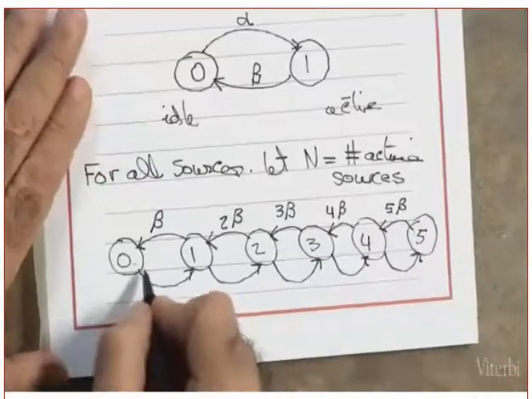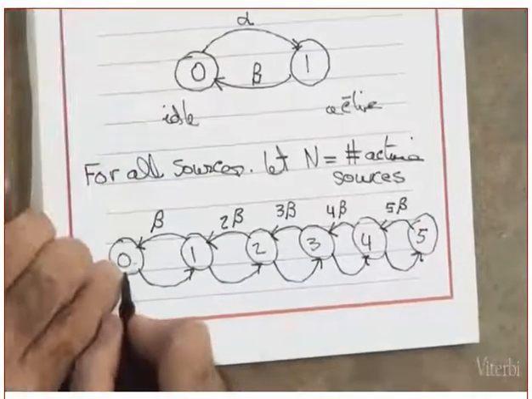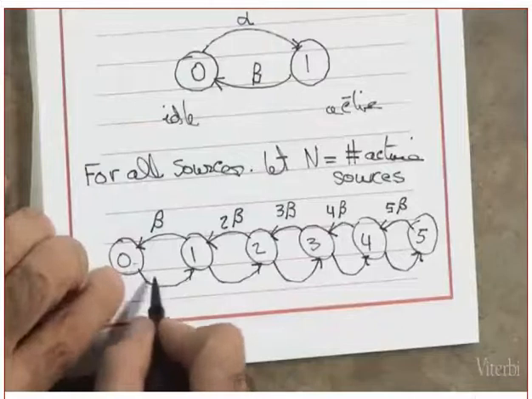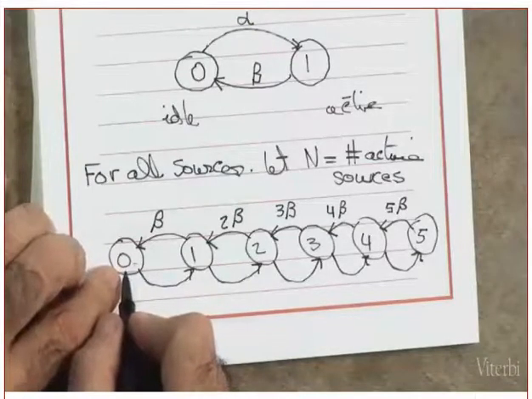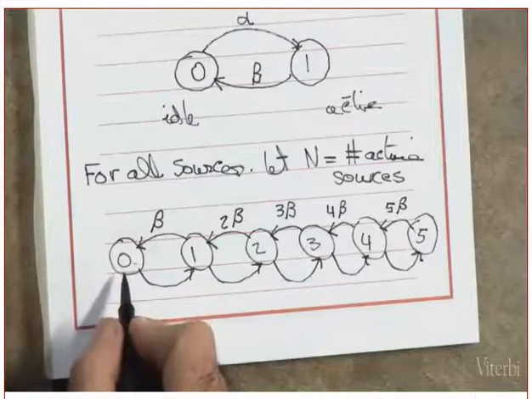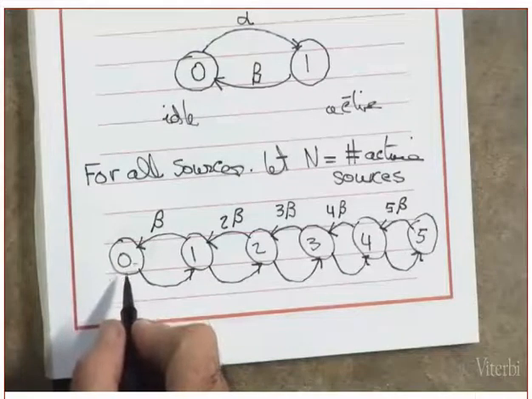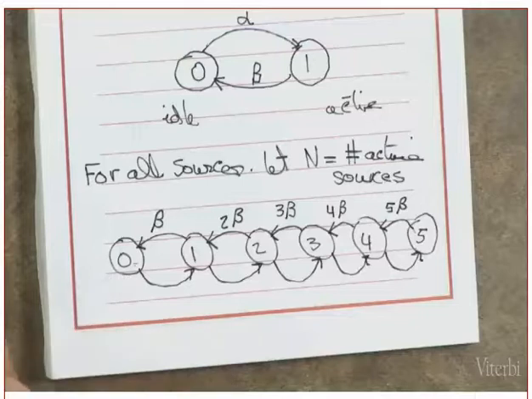Tell me now, what do I do with this? What happened in here? All the sources are idle. And suddenly, one of them started generating. Which one? The one whose idle time is the minimum.